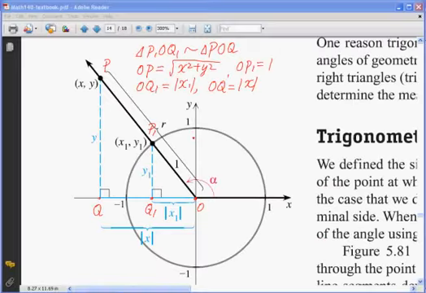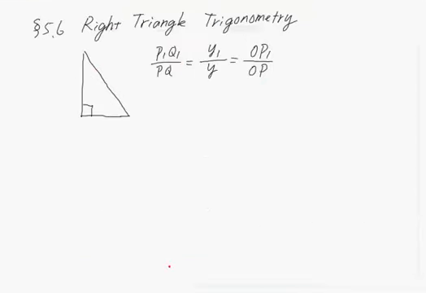And you see here, OP1, okay, this side, and OP, this side. So you have P1Q1 over PQ, same as OP1 over OP. So this is the same ratio of the corresponding sides of these two similar triangles. And OP1, this is just the radius of the unit circle, so it's equal to 1.